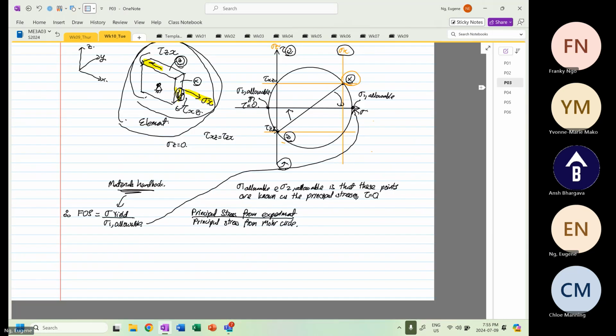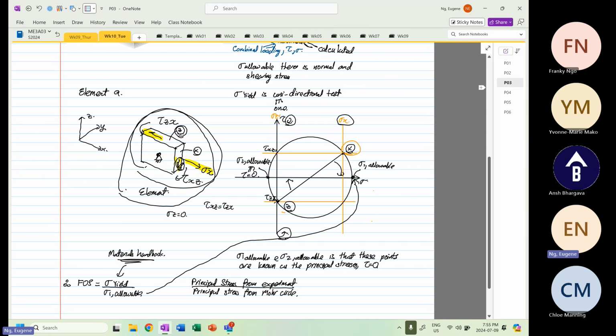So in order for us to relate to our structure that is not unidirectional, so this is two-direction, right? You have normal stress and your shearing stress. You have to apply what? You have to apply Mohr's circle to determine principal stresses.